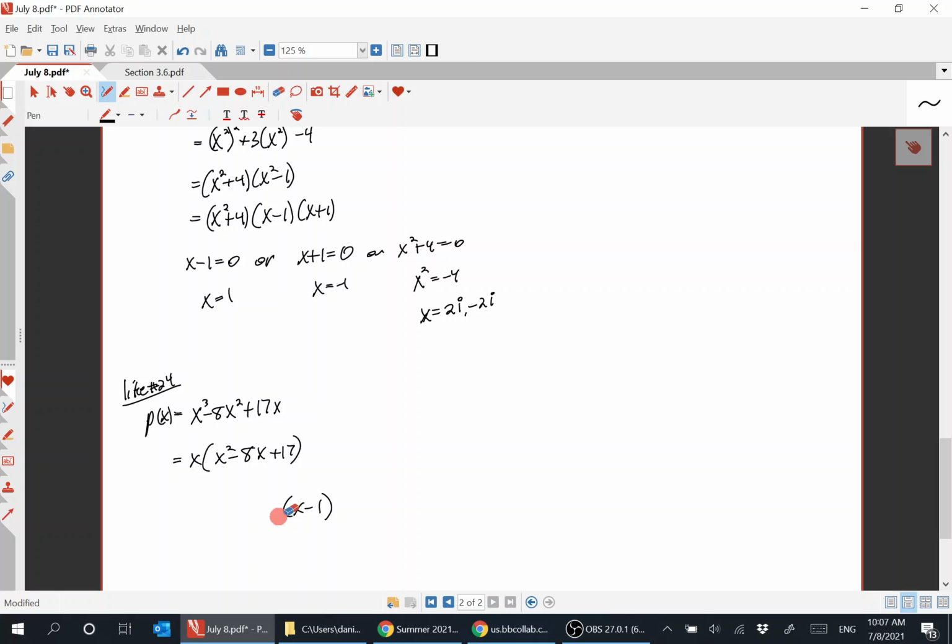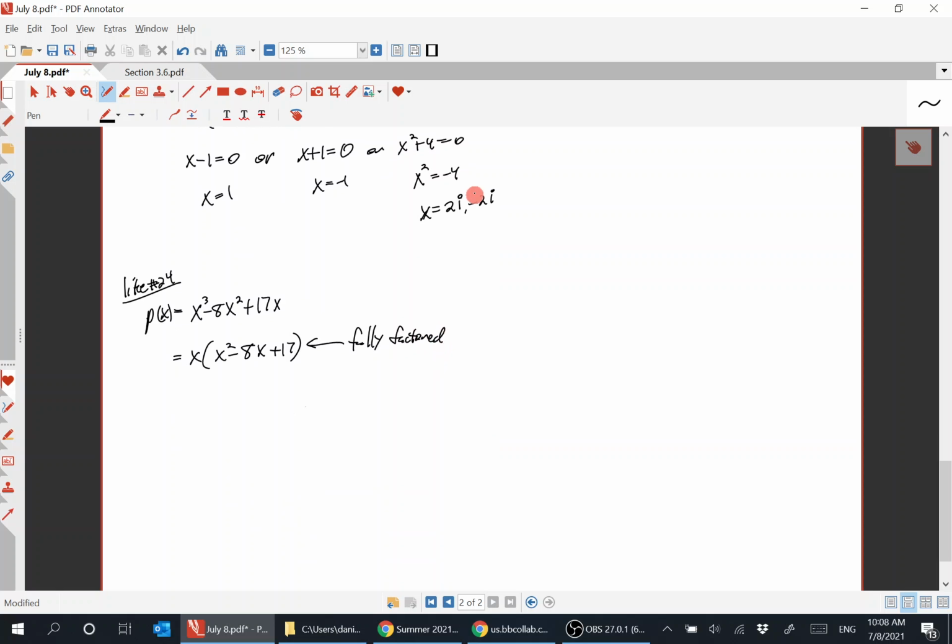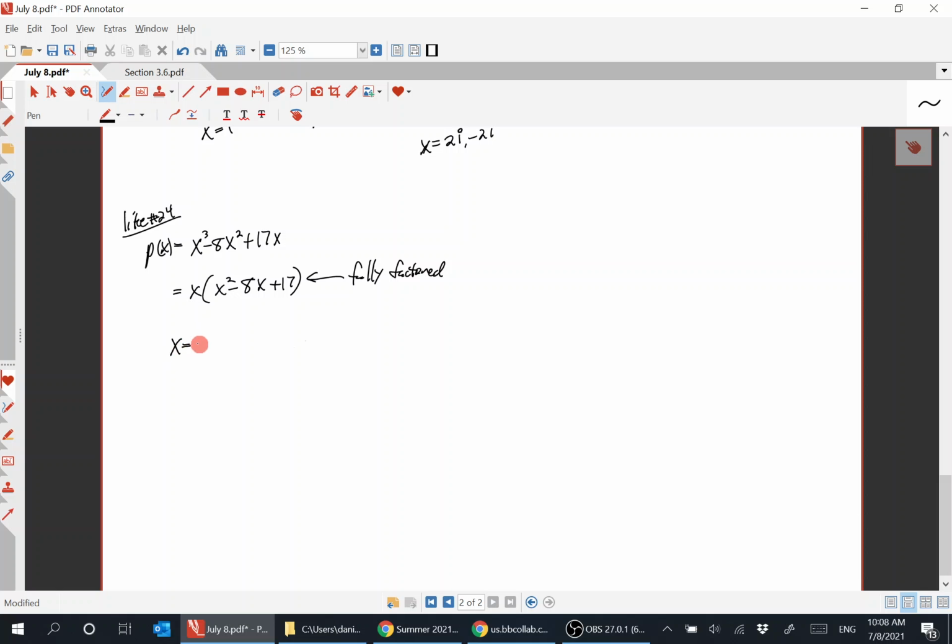So that doesn't factor any further. So here we're fully factored. Right, so now this means x is equal to 0, or x squared minus 8x plus 17 equals 0.